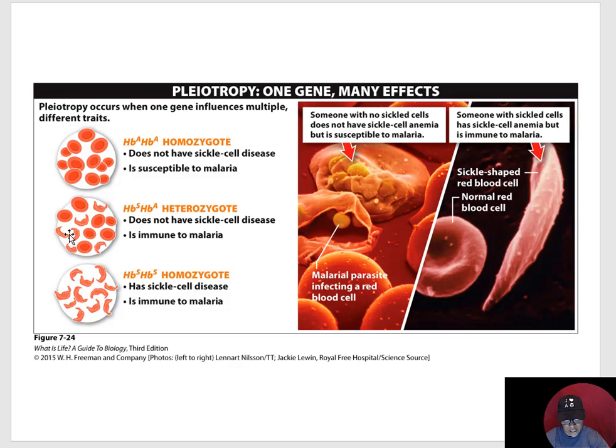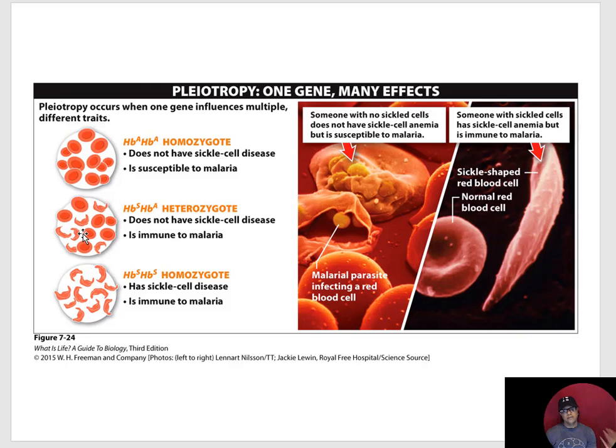So it is these heterozygous individuals that go on to keep a population that is immune to malaria. And there are different parts of the world where malaria, which is carried by a mosquito, is very prevalent, Africa being one of them, right?